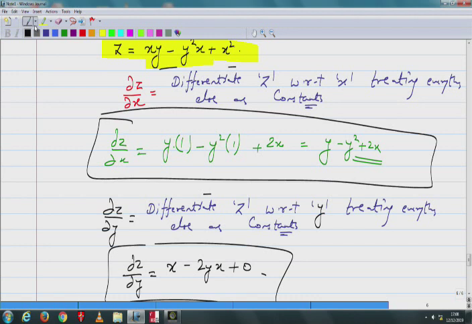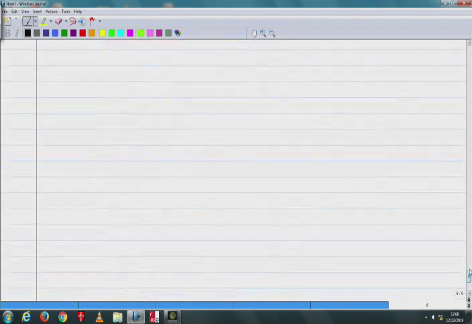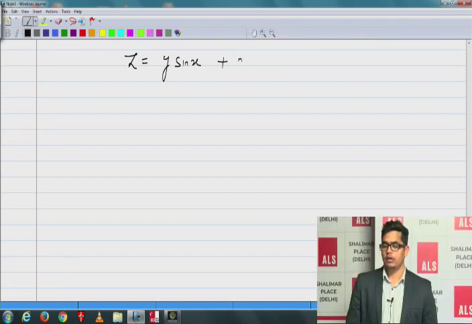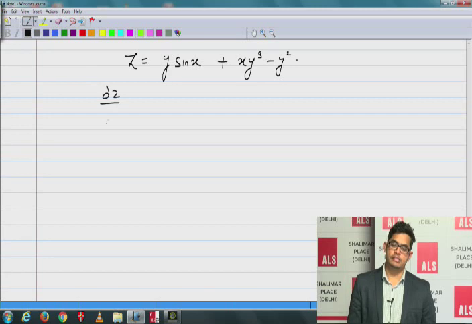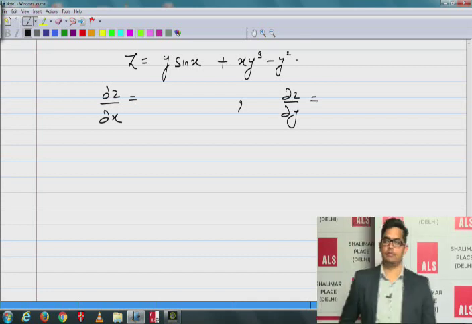Okay, let's do one question. Suppose z is given by y sin x plus xy cube minus y square. Find del z by del x and del z by del y. Tell me, what will be the answer?